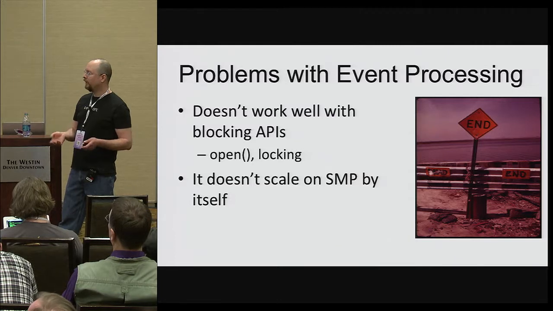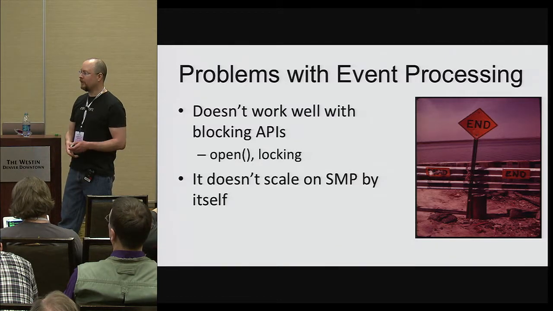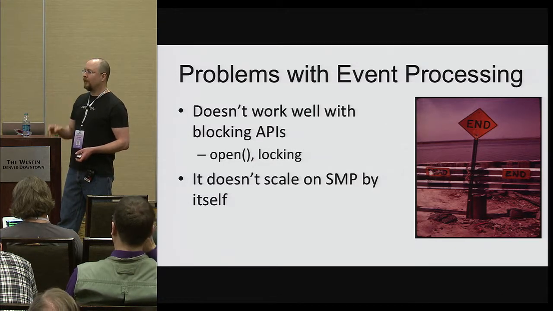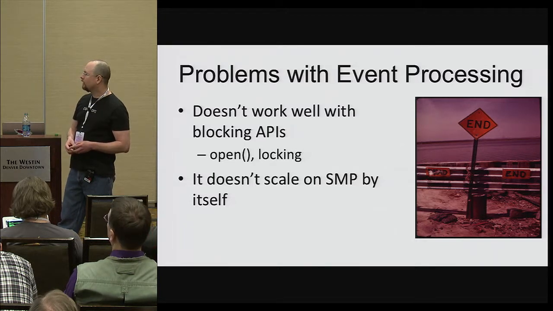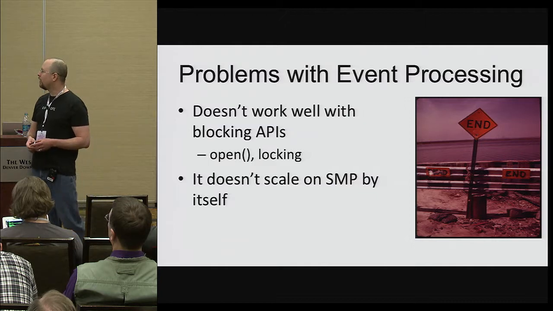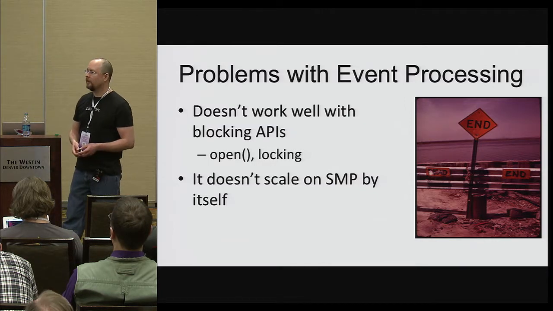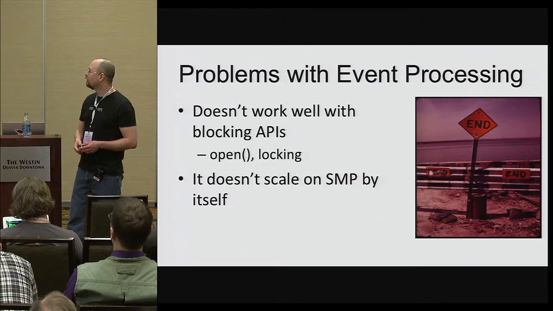If you're doing open to the file system, that's a blocking system call. Also, if you're doing any locking, you could be blocking. When you block that event loop, you're not working on any other events at that time. And also, event processing doesn't scale well on SMP multiple cores on its own, so you have to use either multi-threading or multiple processes to actually use all of your cores.